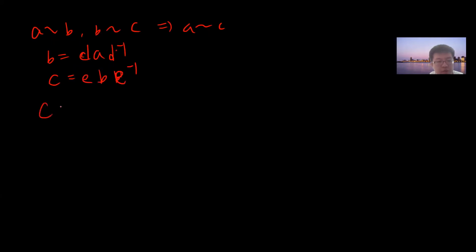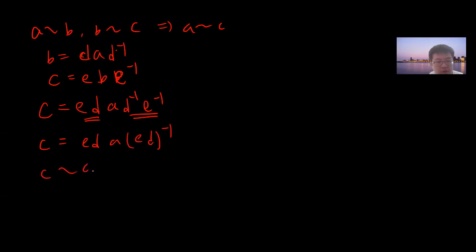Combine these two, you get C equals ED A D inverse E inverse. Make this another group element, so C is conjugate to A. So this is the equivalence class.